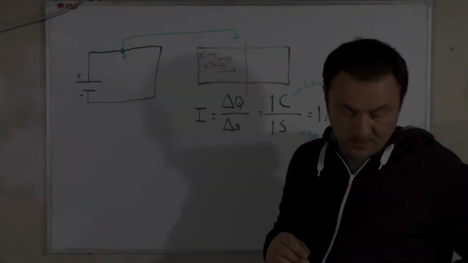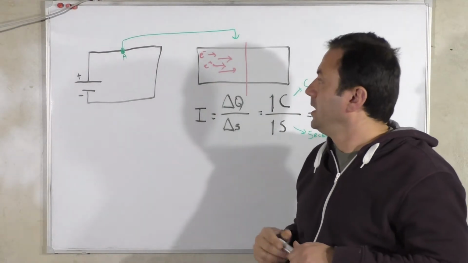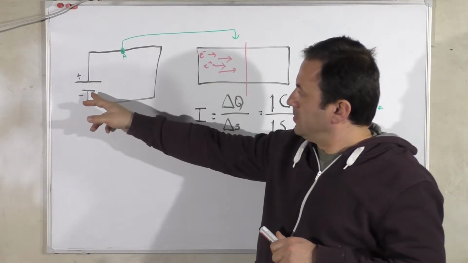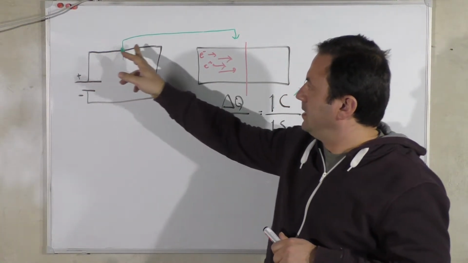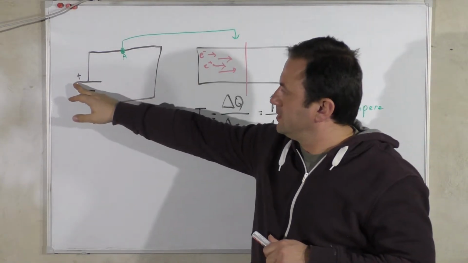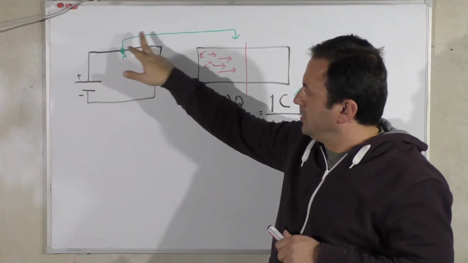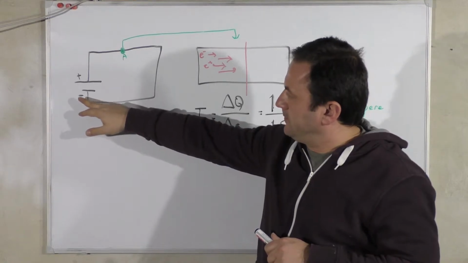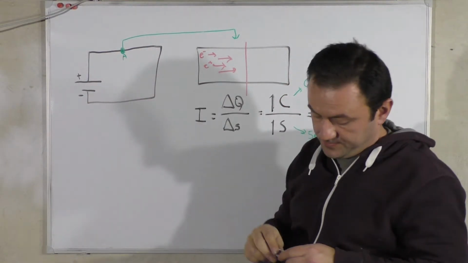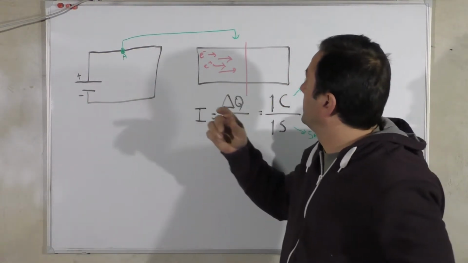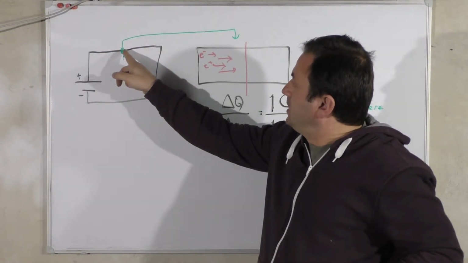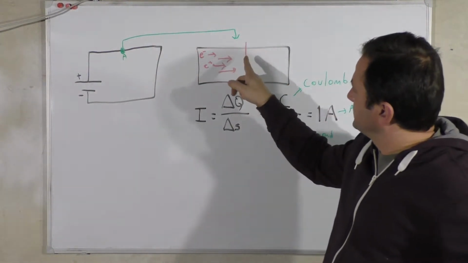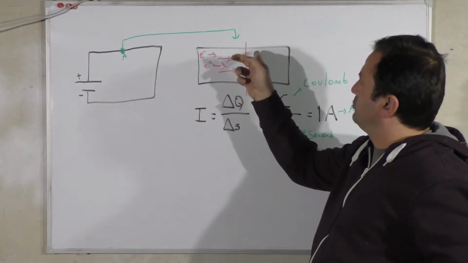So what is current? If we connect a battery like that with a wire from the plus terminal to the negative terminal, and I look at that point, that cross section here, I zoom in here.